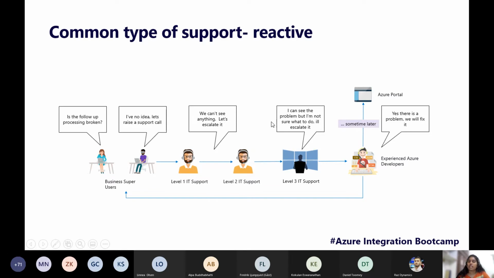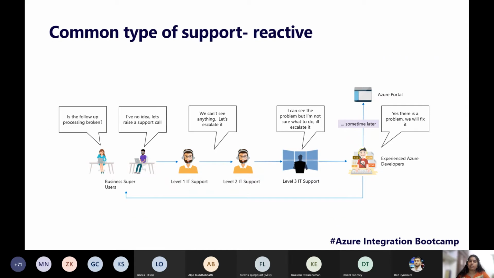They do not see anything, and they escalate it to the level 3 IT support team, and they see there is a problem, but they do not know what to do with it because of lack of experience with the solution that they are dealing with. And it finally ends up with the experienced developers who are expected to solve the issue. So this is not efficient. It's not the operational excellence that we want to achieve.